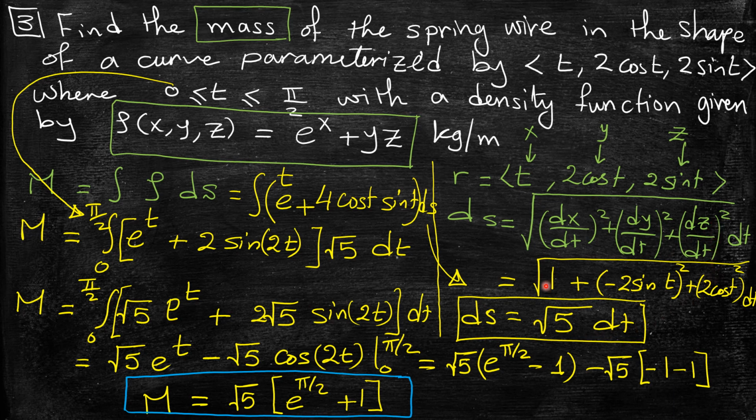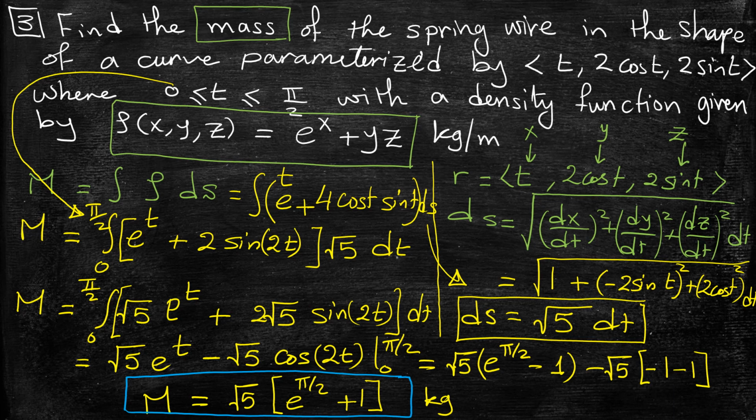Then after simplifying this ds as a function of dt, we return back here and substitute with ds and also with rho as it is defined along this spring wire with these corresponding values of x, y, z. We did all these substitutions and then the last simplification step. We end up with this m here, and this m for sure is in kilogram units.